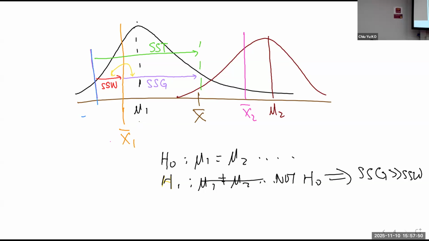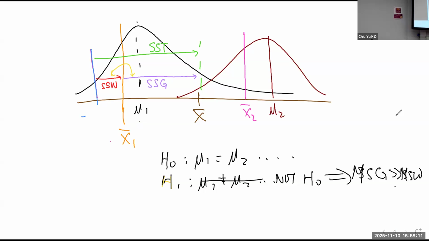If the null is not true, then SSG will be bigger, or rather, I should be more precise, the MSG, because we look at the variance. So the MSG must be much bigger than MSW, okay?